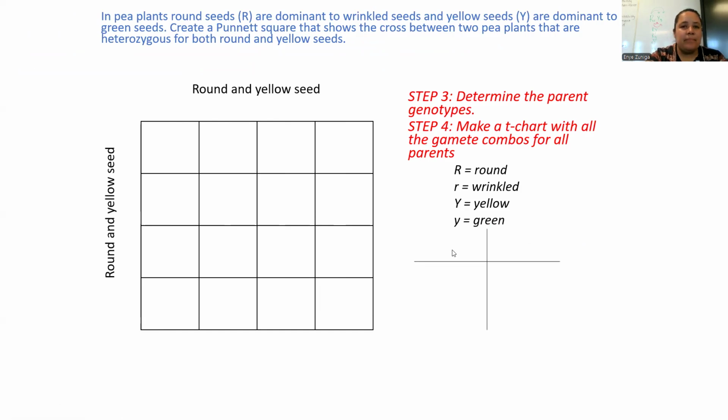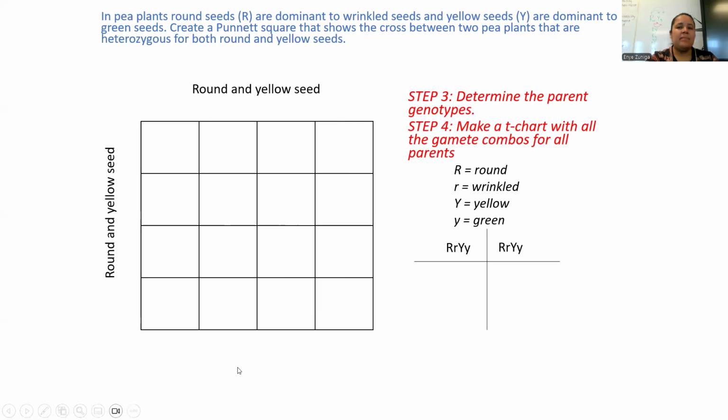Anyway, once you do that, you're going to write the parent genotype. So we determined it was heterozygous for both traits. That's why we end up with capital R, lowercase r, capital Y, lowercase y. And the second parent is also round and yellow, and it's also heterozygous for both traits. So it's going to be the same.